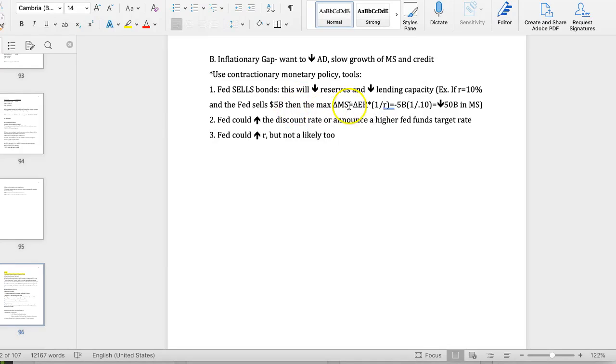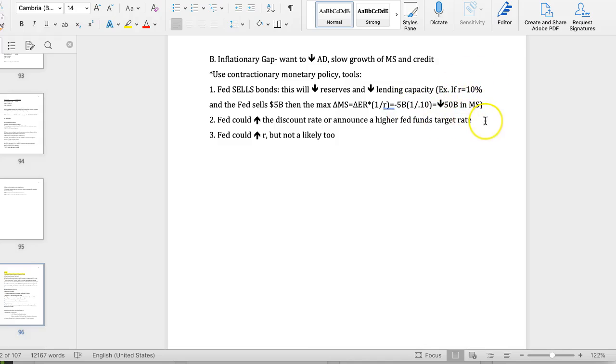So then the maximum change in the money supply is equivalent to the change in excess reserves times 1 over the required reserve ratio.